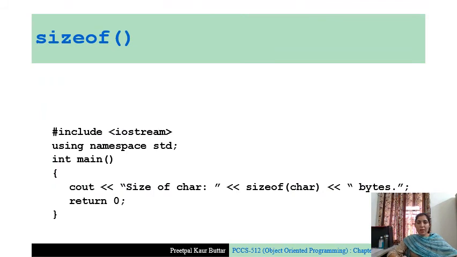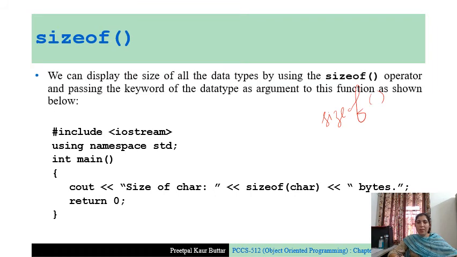The next is a special operator which is called sizeof. What is the purpose of sizeof? We can display the size of the data types using the sizeof operator. If you want to know how many bytes an integer occupies on your system, then you can use this sizeof operator. So how can we use it? Hash include iostream, using namespace std.